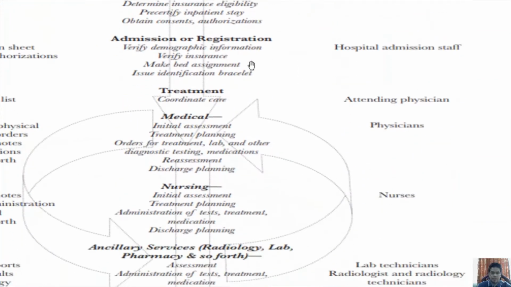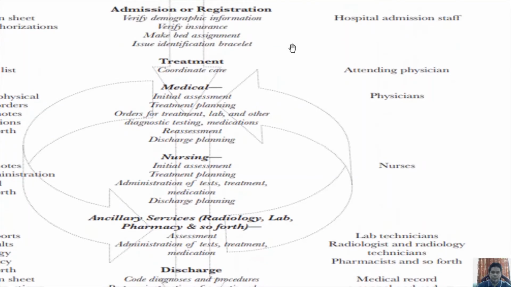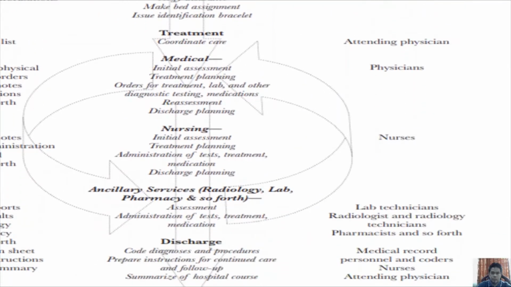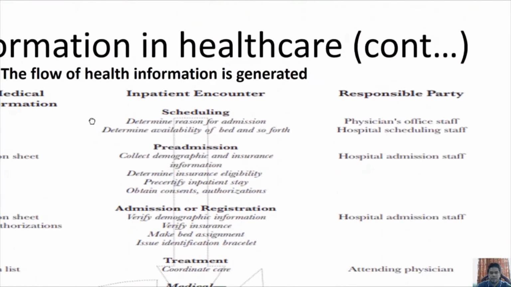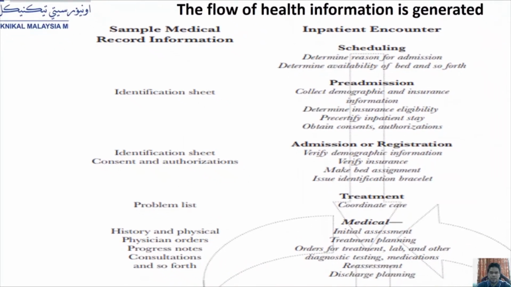By looking at this flow, you will get the full understanding of where the administrative data is collected, and where and when the clinical data will be generated from the process. This is a process that you need to understand to develop the HIS, healthcare information system or clinical information system. By looking at this process, you will get the real picture.